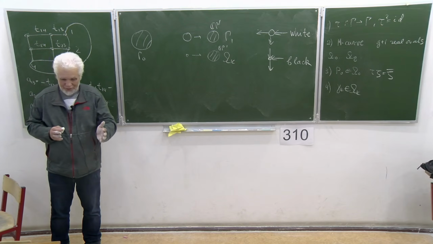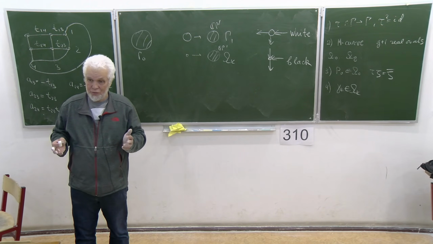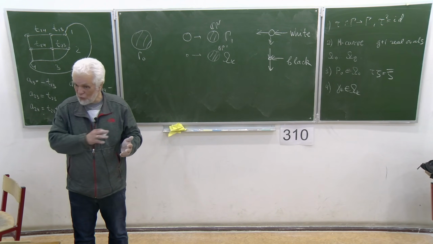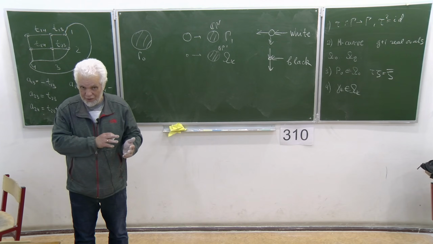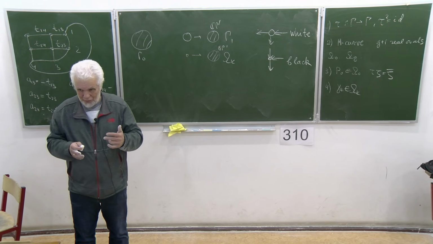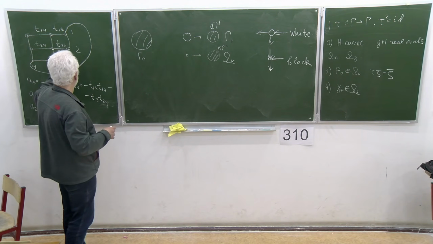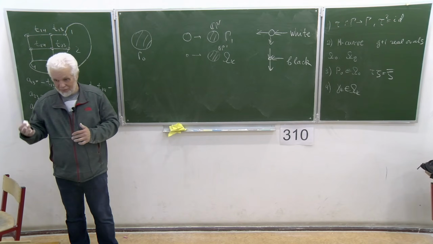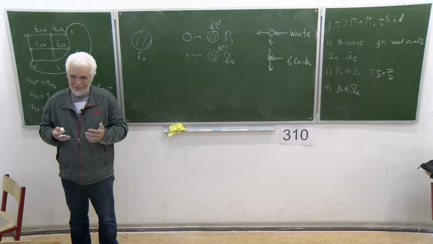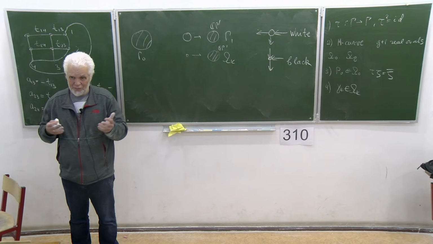Because if you have trivalent, you can always assume that the points are 0, 1, infinity. Therefore, we have no moduli. Such curves have no moduli space. If you have more than 3 points on one CP1, of course, you have moduli.